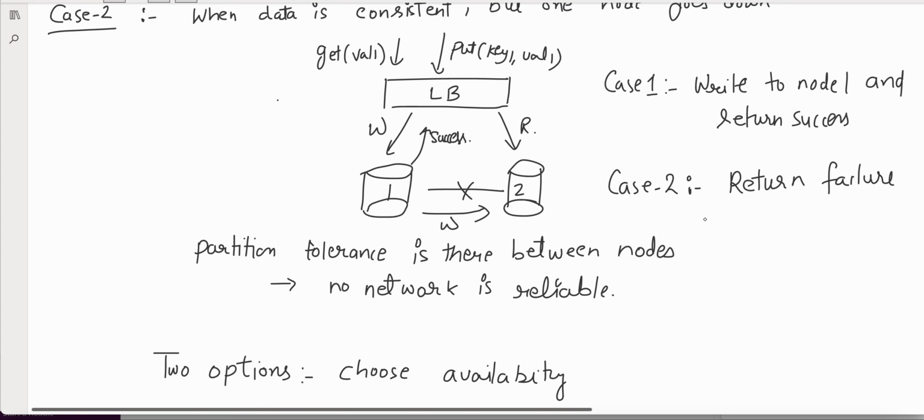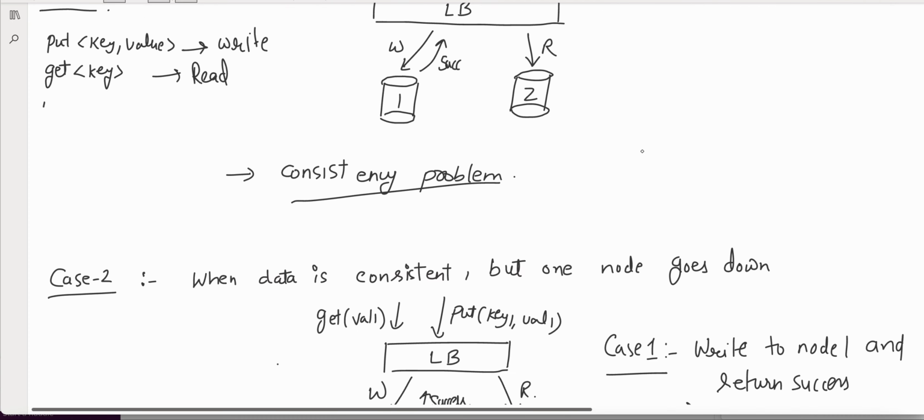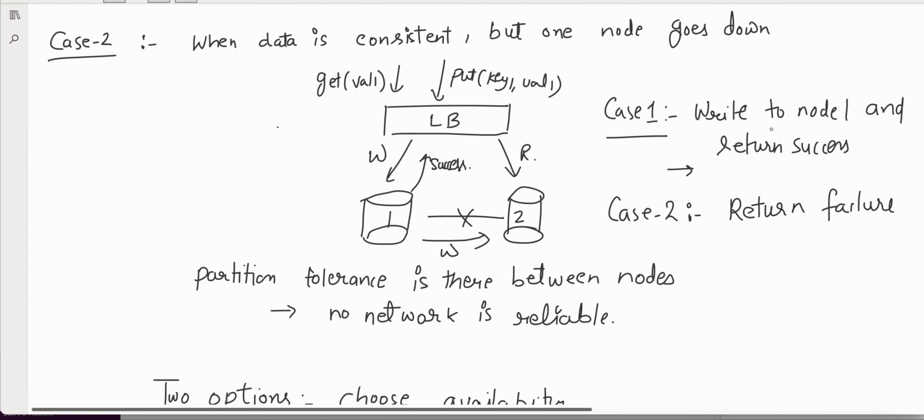Maybe the client can retry or something like that. What happens in case 1 is that there is a consistency problem, which we discussed earlier.